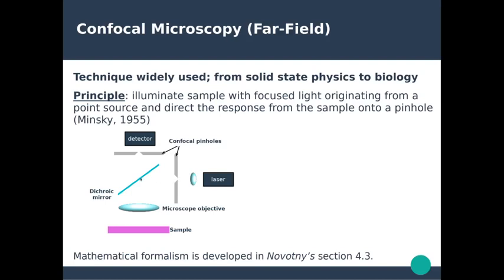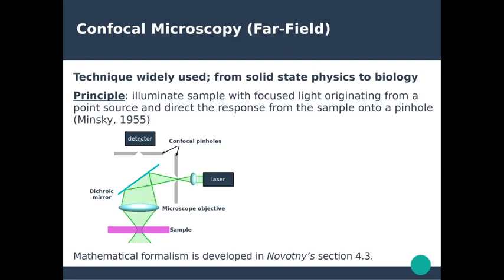This point source will actually send light onto a sample through a microscope objective, which collects also the signal, the response from the sample, and this is focused on this pinhole before going to the detector.